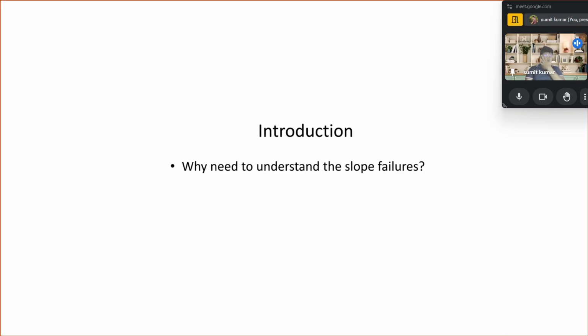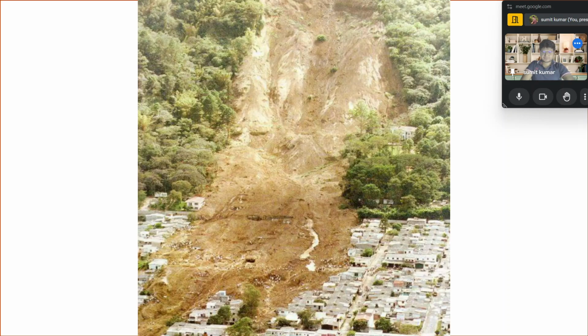There I said that various slope failures take place across the globe, across the country, which lead to huge damage to life and property. So that needs to be protected, and to protect that, a better understanding of slope stability and slope failure control measures is needed. So that is the need to understand slope failure.